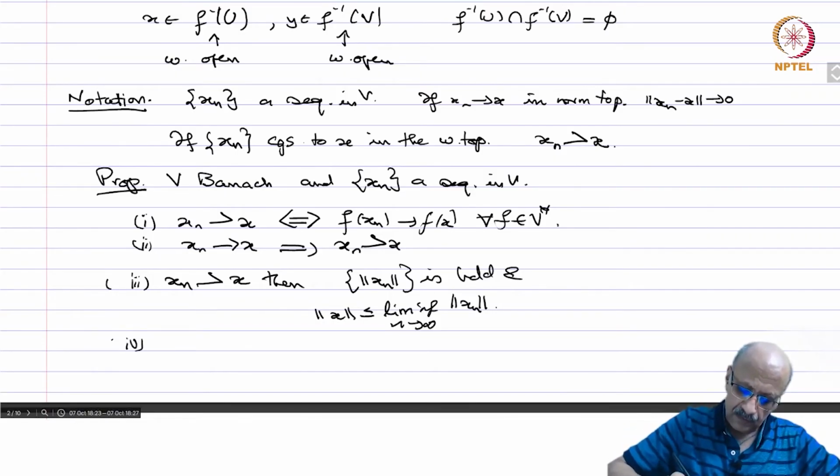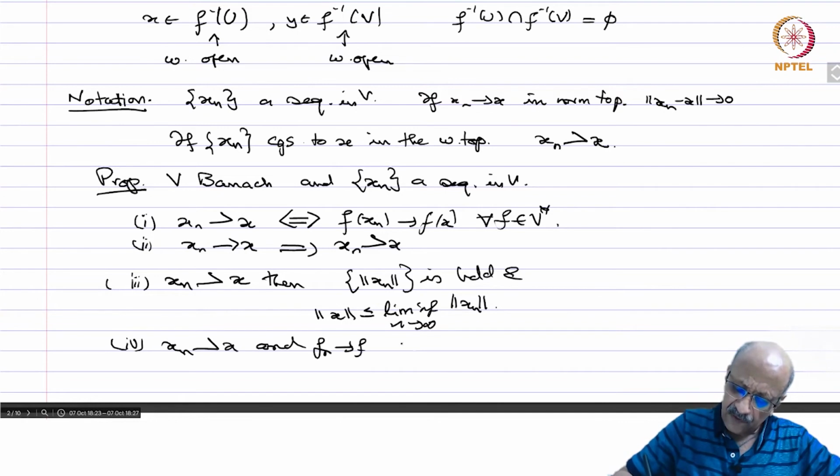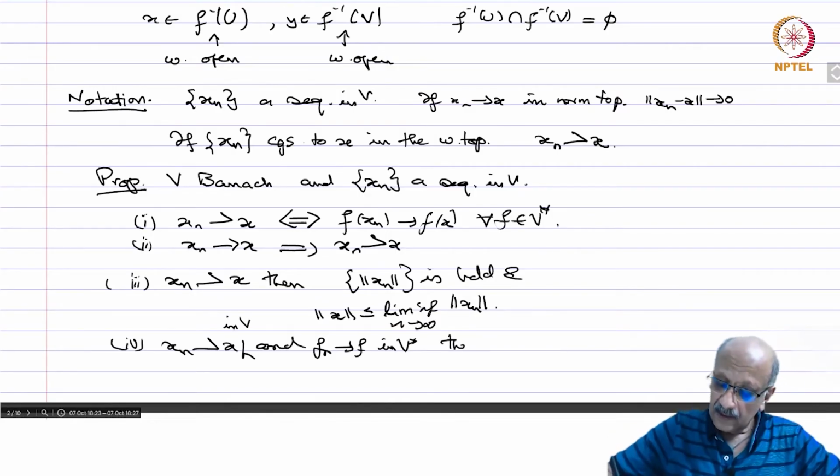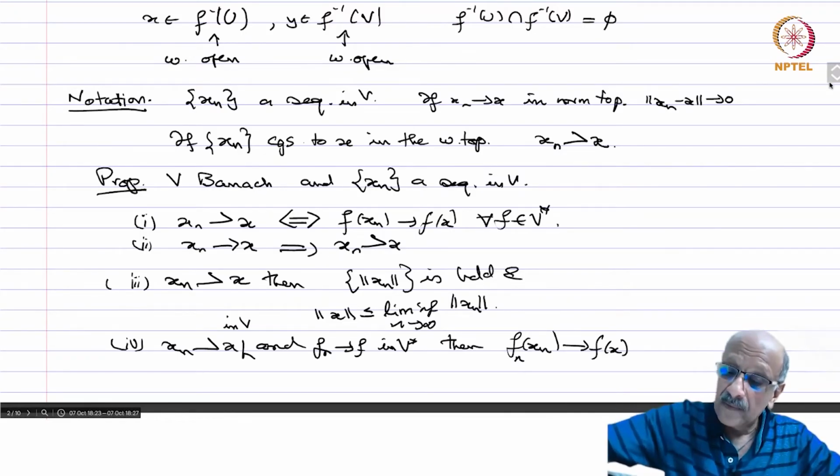And then 4, if x_n goes weakly to x and f_n converges to f in V*, then f_n(x_n) goes to f(x). Remember, you have two sequences here. So if one is strong and the other is weak, then the limit will be the correct one.